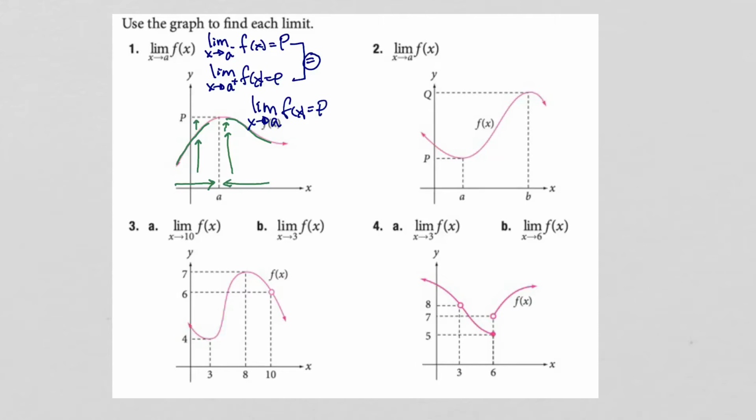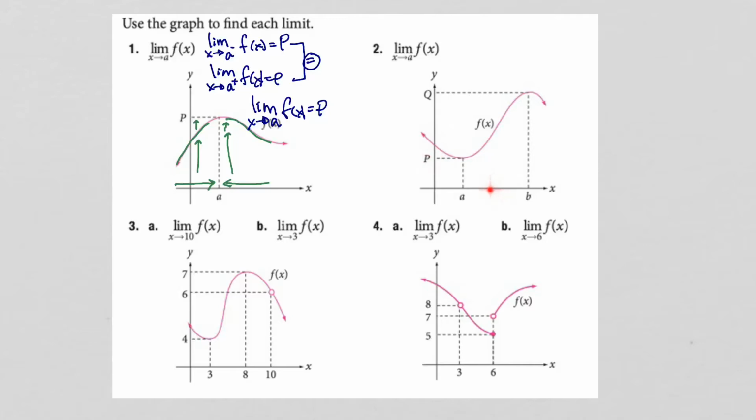Now in problem number 2, again we want the limit of this function as x approaches a. So down here in our picture, here's a, and you can see just visually as the horizontals come in from the left side, the verticals seem to be approaching p, right? As you come down this curve approaching a from the left, the verticals seem to be coming down approaching p.